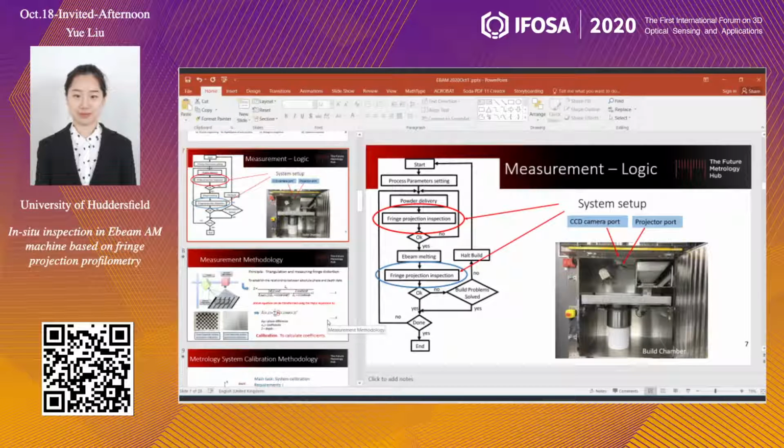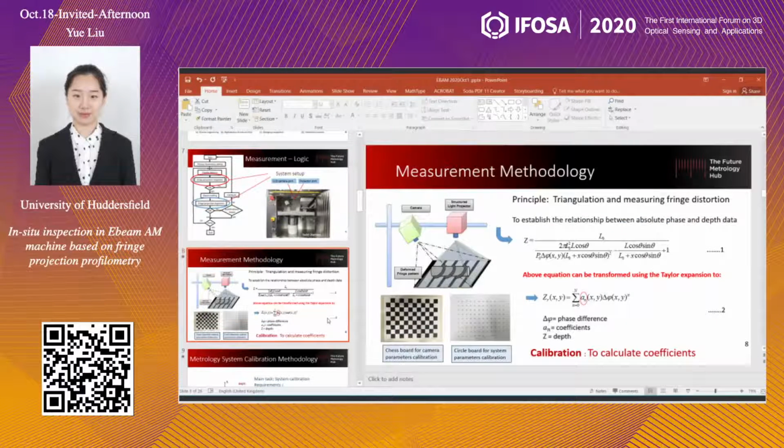Okay, so have you tried to use your 3D measurement system in the inspection of other kinds of materials? Yeah, sure. It can also be used on other materials if the surface is rough.